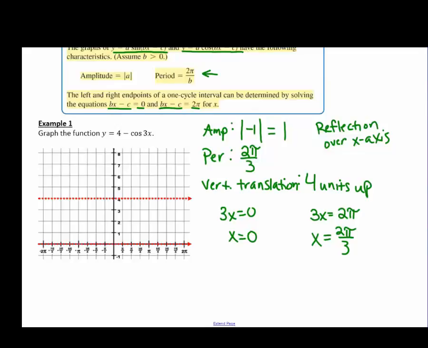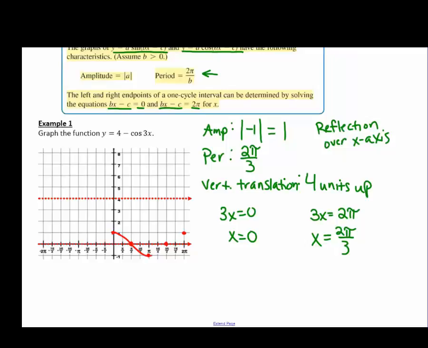Okay, and then I'm going to graph my normal cosine function. And so normally we would start at 0, 1, and we'd come down and it would cross the x-axis at pi over 2, and then come down to its minimum of -1 at pi, come back up and cross the x-axis at 3 pi over 2, and end up at 2 pi, 1.